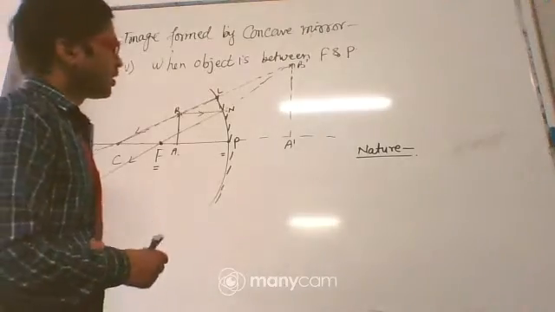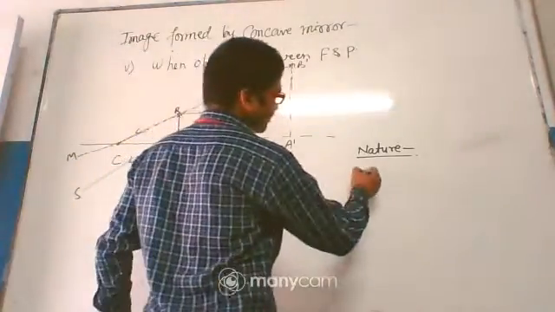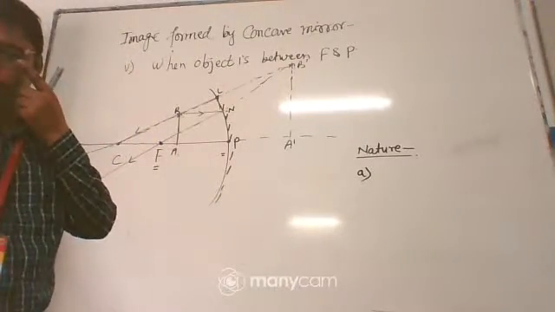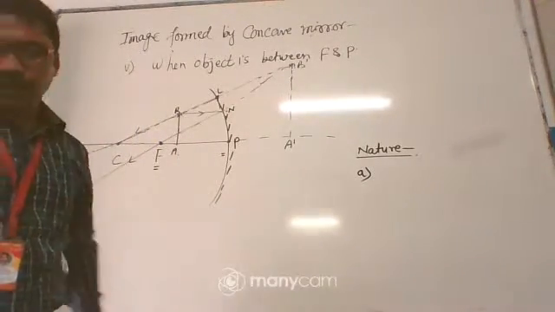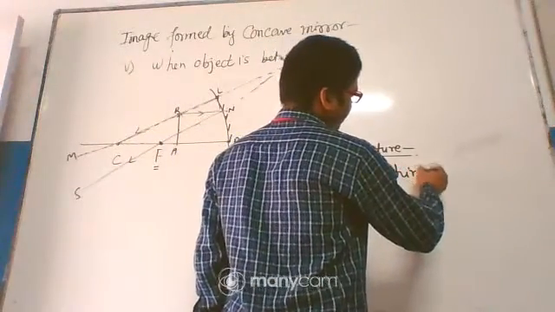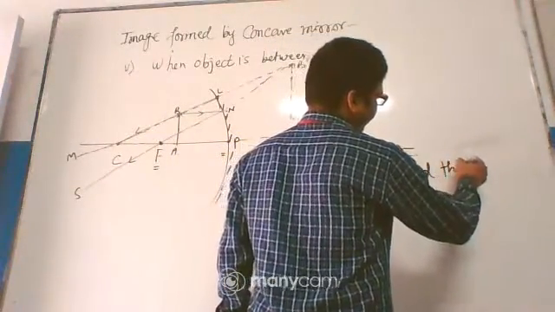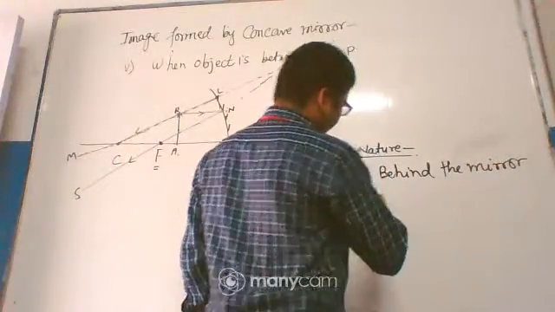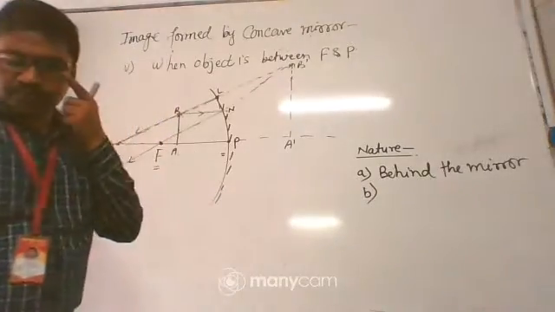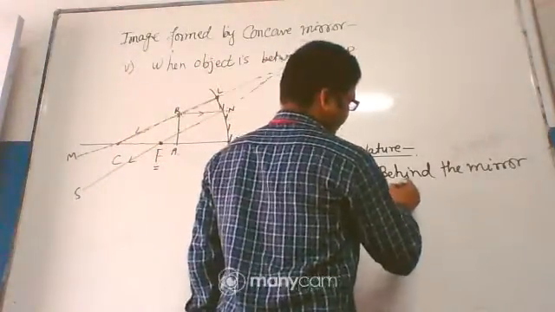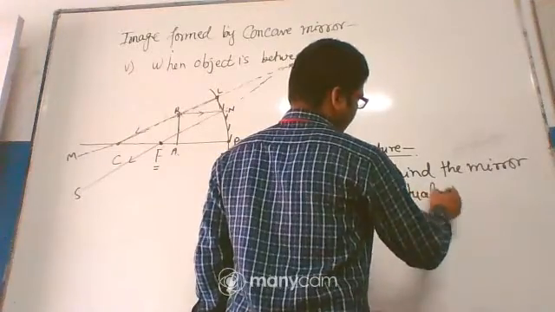So let's see the nature. First one is the position. Its position is behind the mirror. Okay, so you should write behind the mirror. Behind means at the right side. Second point is it is virtual.